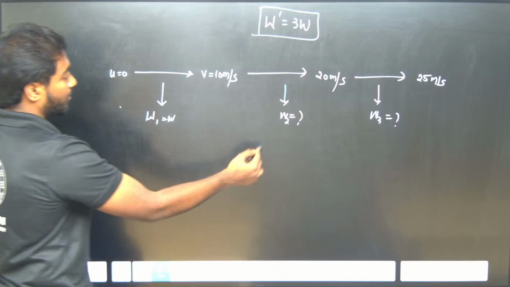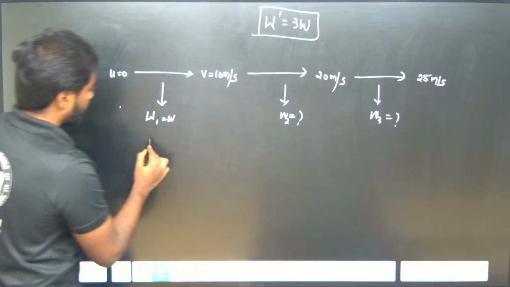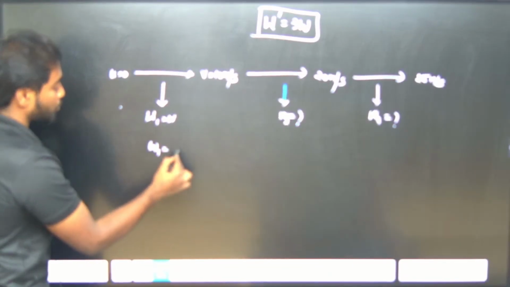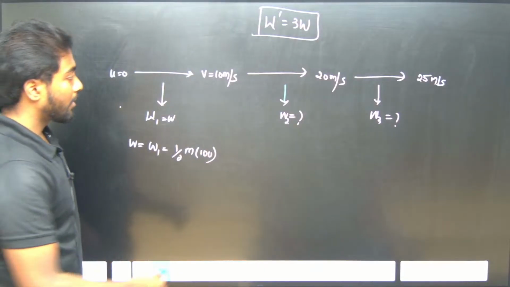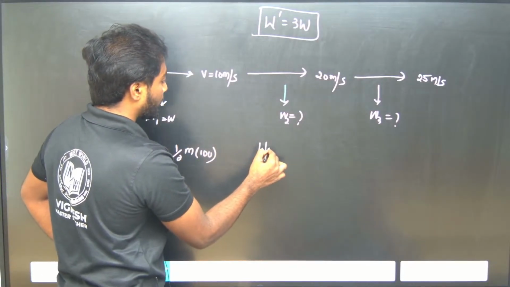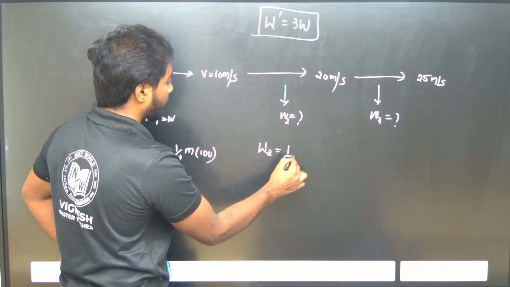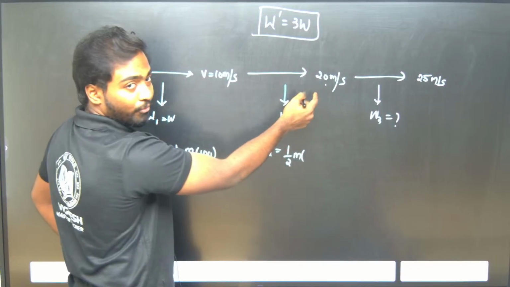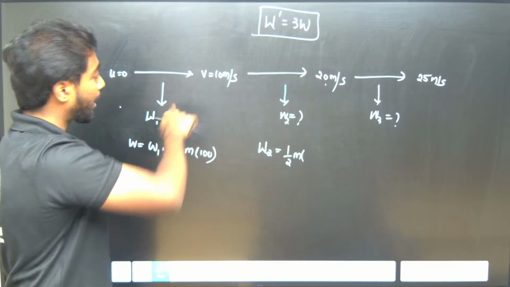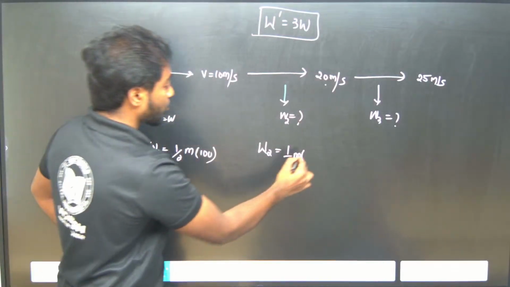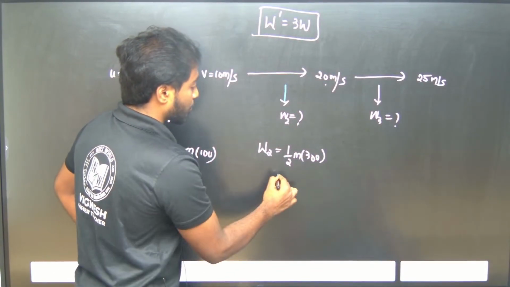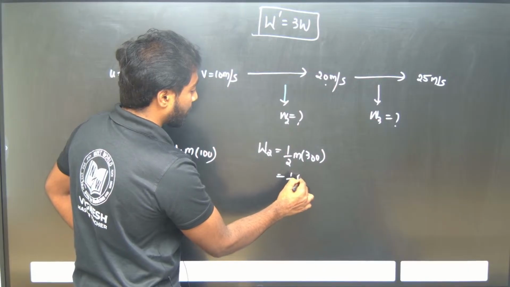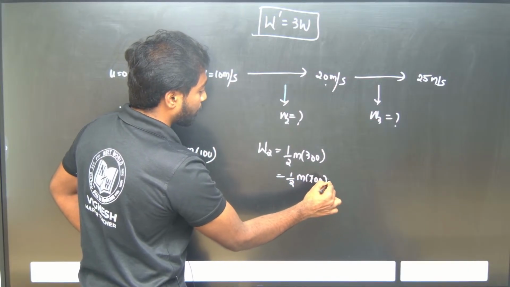So we got this: W1 will be equal to 1 by 2 m into 100, which is nothing but W. W2 will be equal to 1 by 2 m into 20 square is 400, minus 10 square is 100, so 300. Which is nothing but 1 by 2 m into 100 into 3.